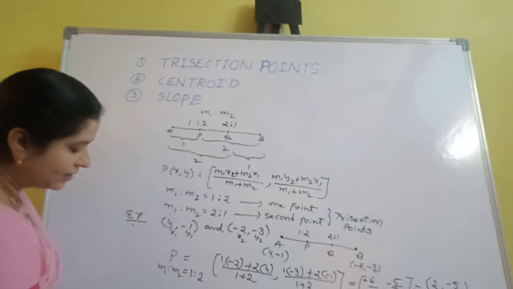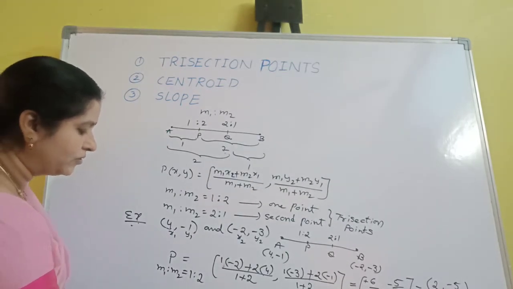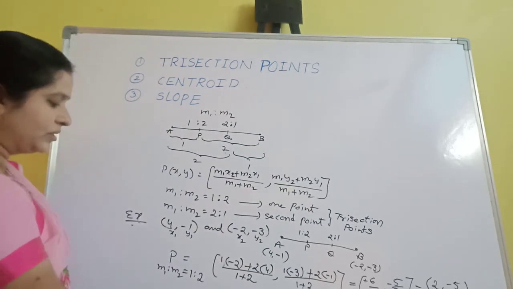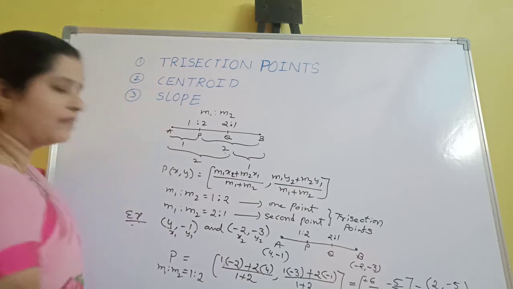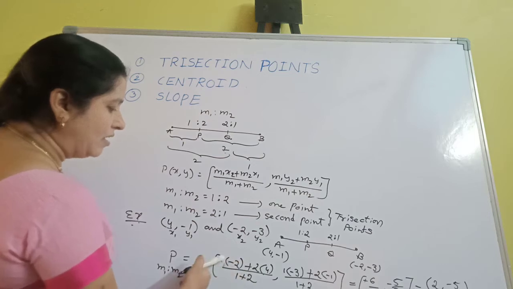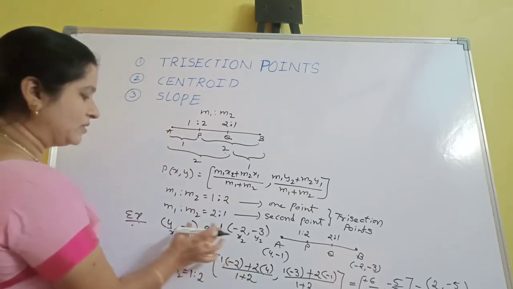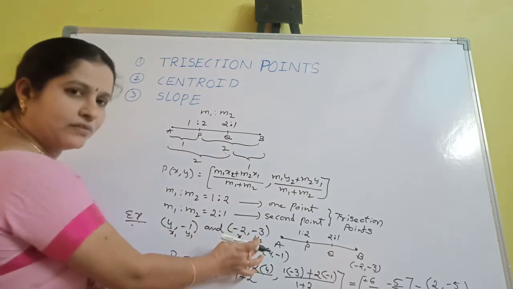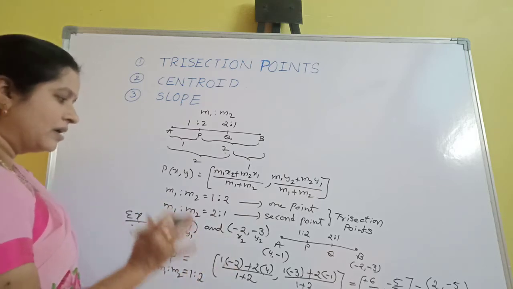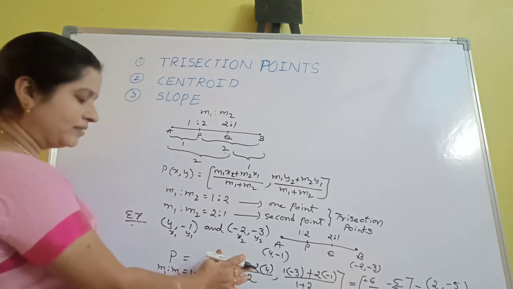Again find the value of Q. Here we are taking m1:m2 equal to 2:1. Just reverse the ratio. Substitute the values again. Just replace 1 with 2 and 2 with 1. The x1, y1 values are constant and the x2, y2 values are also constant. You need not change any other values.